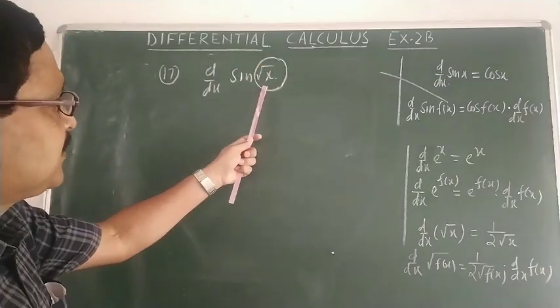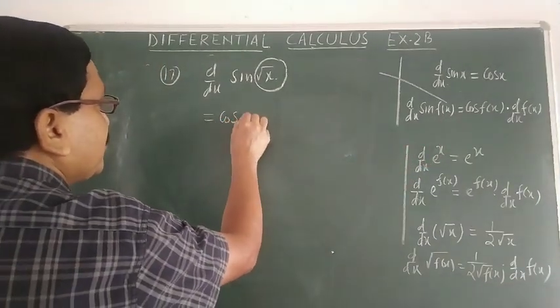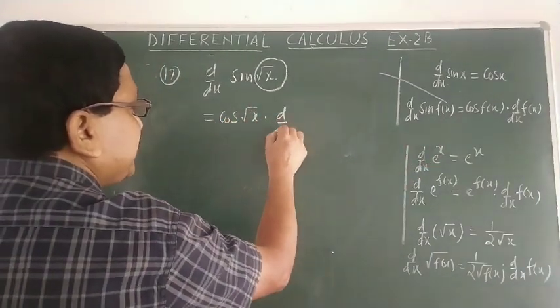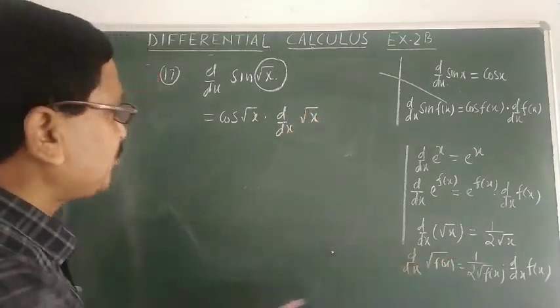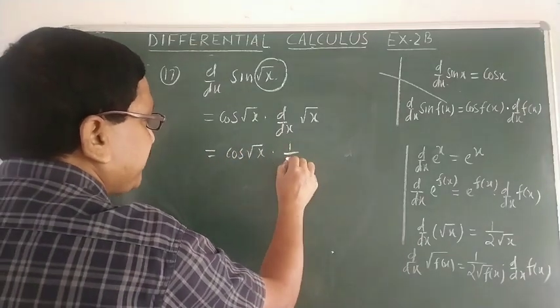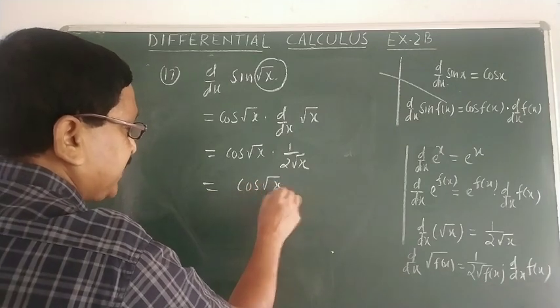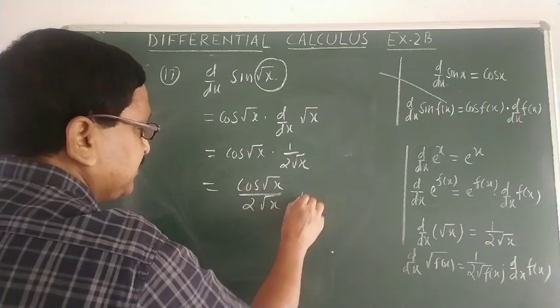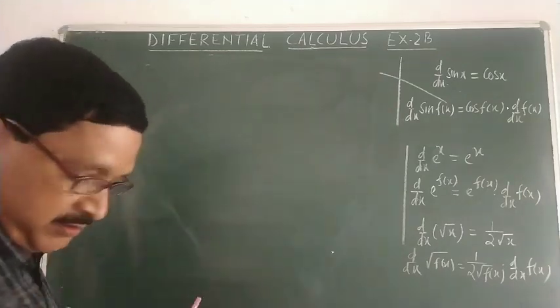So d by dx of sin f(x) is cos f(x), so this is cos root x into d by dx of root x, and d by dx of root x is 1 by 2 root x, so this is cos root x into 1 by 2 root x. So this is your final answer, cos root x by 2 root x. Now moving towards question 18.